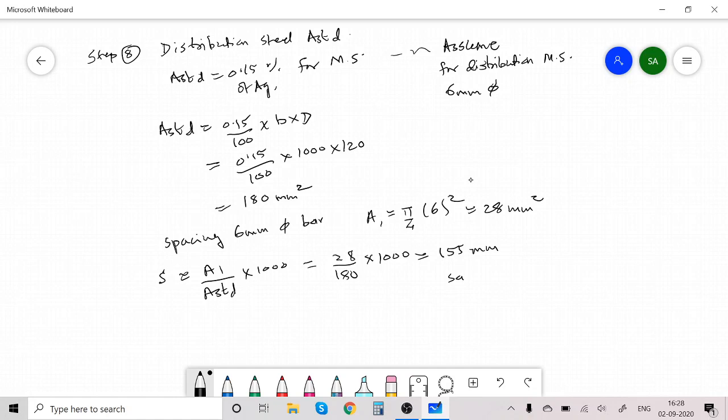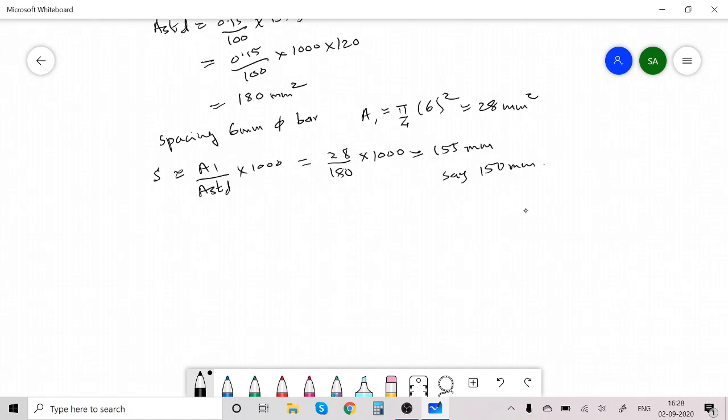Always round it to the lower side, say 150 mm. Check that this spacing is less than 5D, and spacing should not be greater than 450 mm. So as we are providing 150 mm spacing, it is less than 5D, where D is 100 mm, and it is also less than 450 mm.